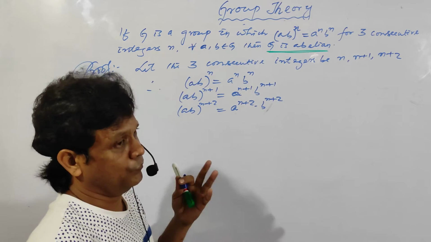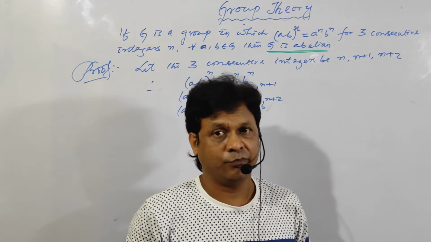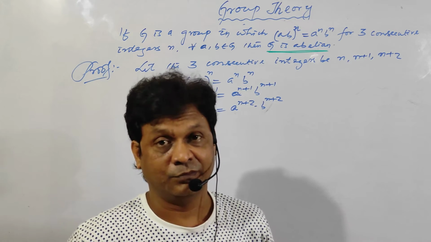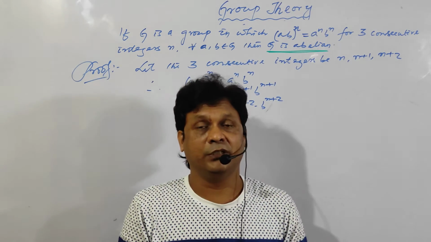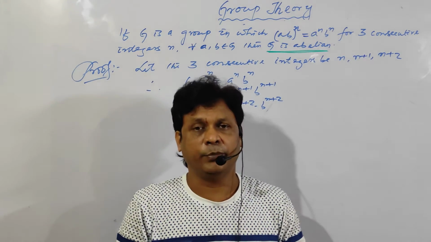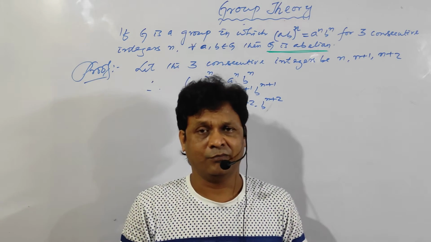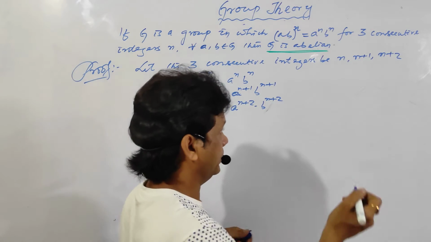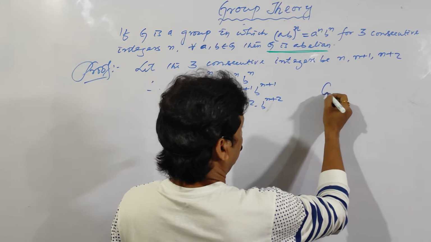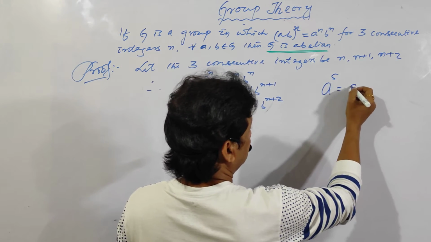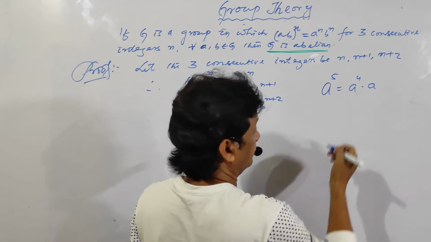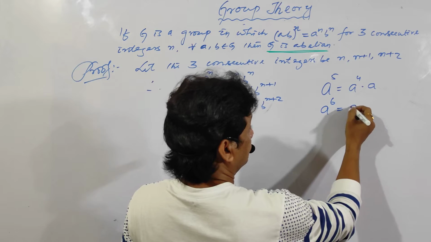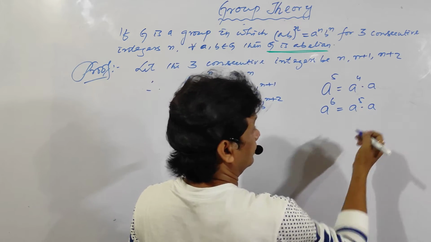So what is the trick actually by which you can prove this very easily, without remembering how to do it, very rapidly and thoroughly without any hesitation? I'll tell you the trick. If you want to write a to the power 5, it should be written as a to the power 4 into a. And if you want to write a to the power 6, write it as a to the power 5 into a.